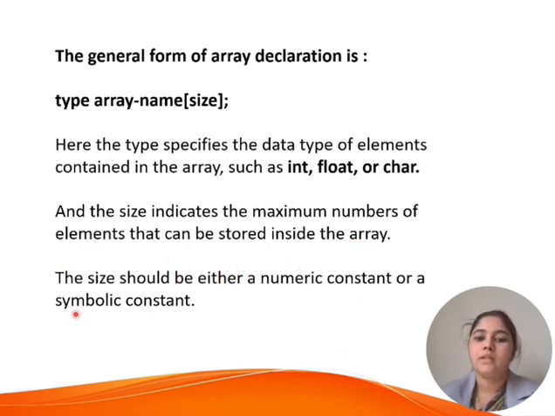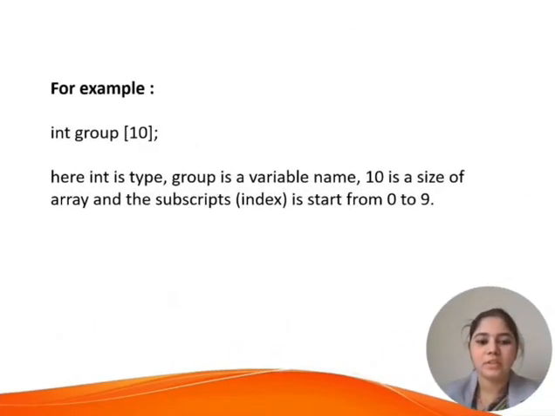Here the size should be either a numeric constant or a symbolic constant. In the case of a numeric constant, we would be specifying integer values. Next, here is an example of how you declare an array: int is the data type, followed by the array name, here it is group, followed by the size.